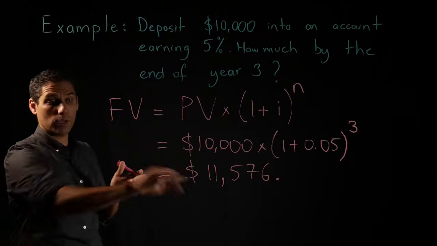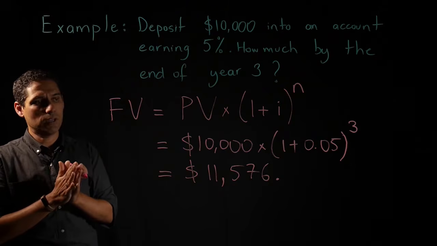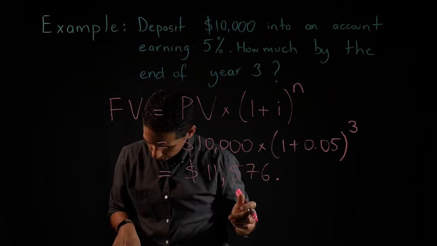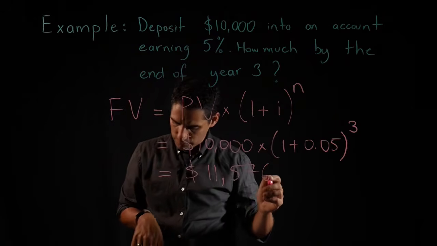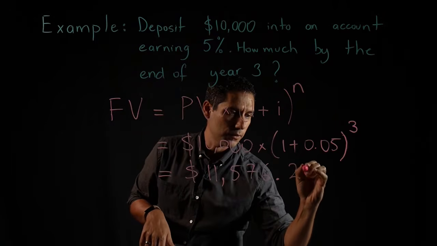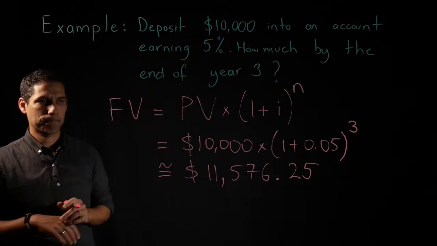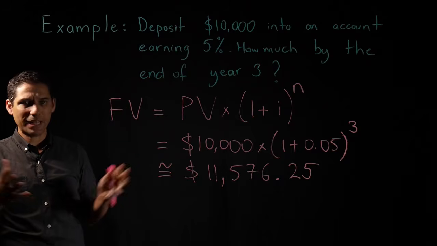When we are working with dollar figures, we are going to round to the nearest cent, so 2 decimal places, right? So $11,576.25, okay? So approximately that.